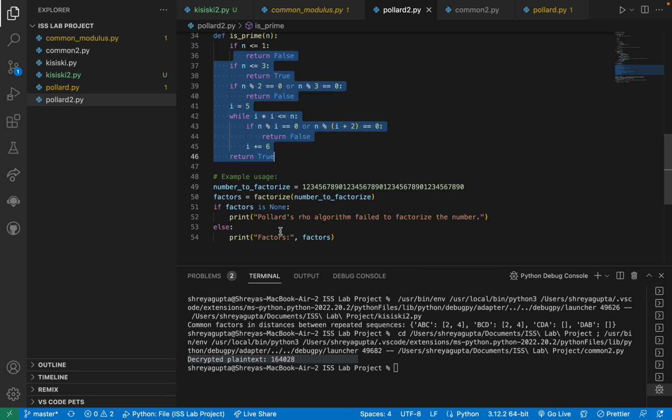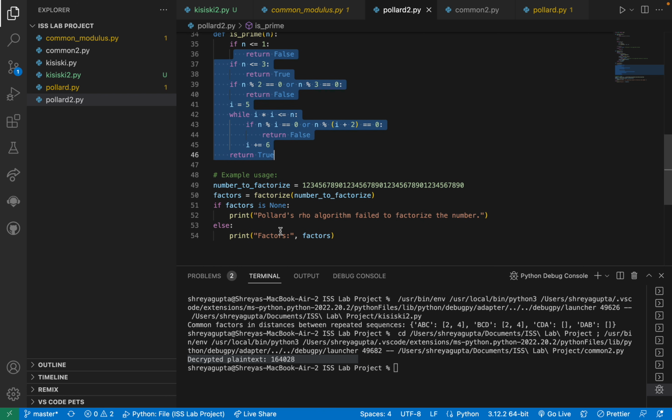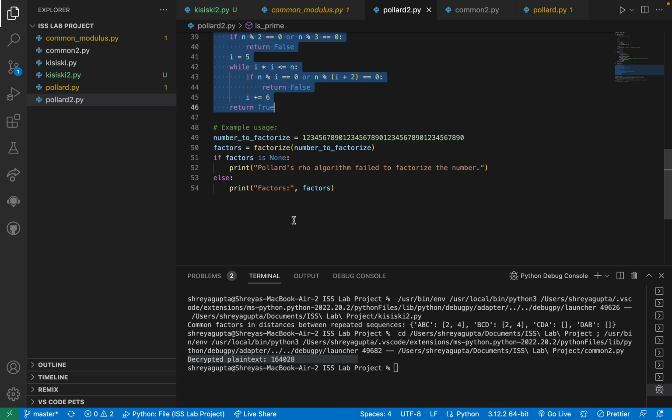Here are the conditions for it. In the example usage, the code attempts to factorize a large number, printing its prime factors if successful, or a failure message if the algorithm cannot factorize the number.